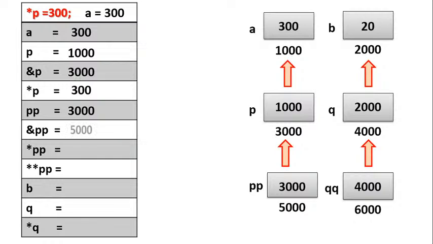PP will be 3000, &PP will be 5000 same, star PP will change as 300, sorry. So B is 20, Q is 2000, star Q is 20. I guess you have got it right now.